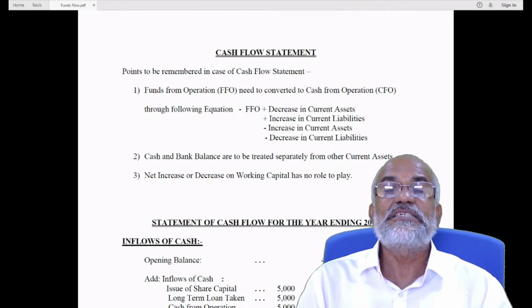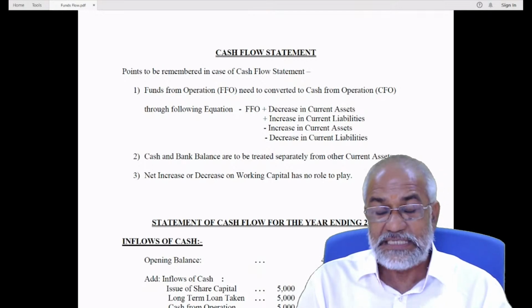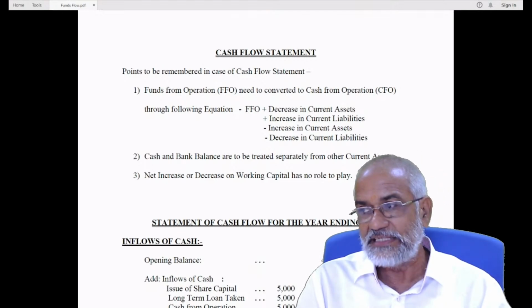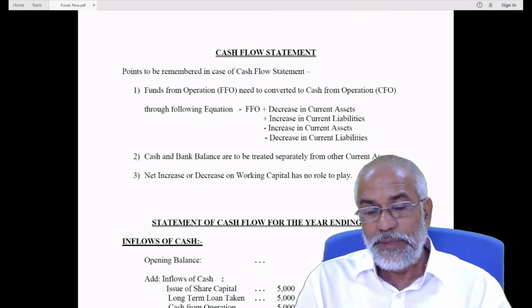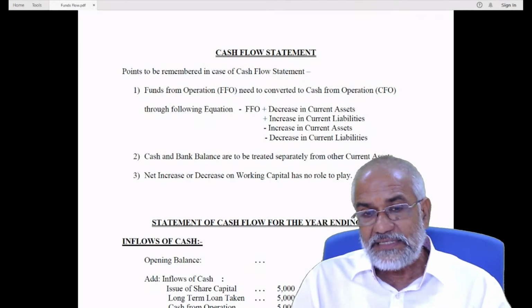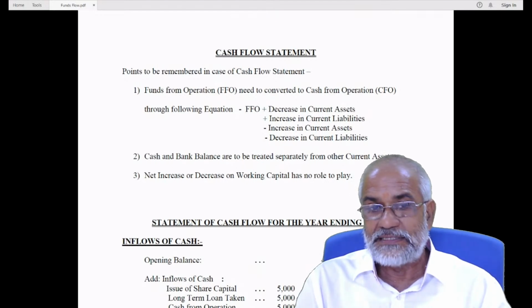So cash from operation is equal to funds from operation plus decrease in current assets plus increase in current liability minus increase in current assets and decrease in current liability. So cash from operation would be an inflow of cash, and cash lost in operation would be an outflow of cash.